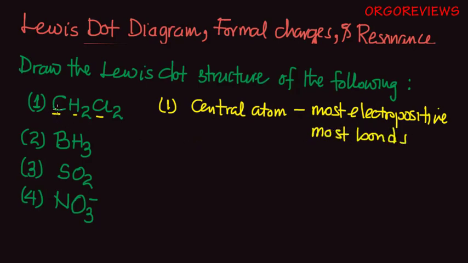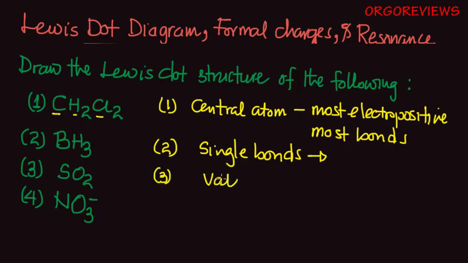So looking at carbon, hydrogen, and chlorine, carbon will obviously be the central atom. Rule number 2 is that each one of these atoms will be connected to the central atom by single bonds first. And then when there's a need for it, you can double the bonds. Rule number 3 is that you calculate all the valence electrons in the bonds.